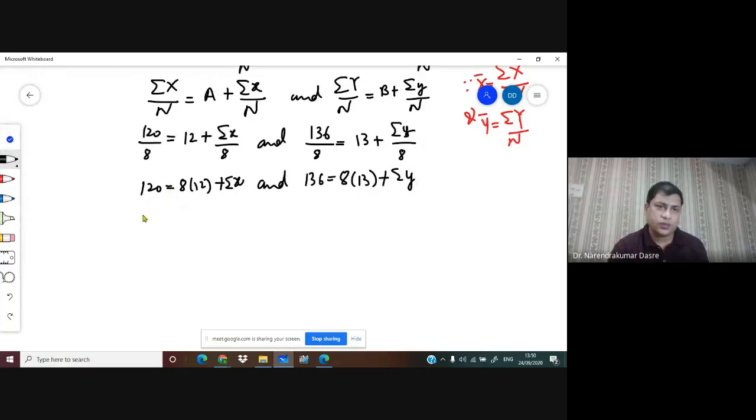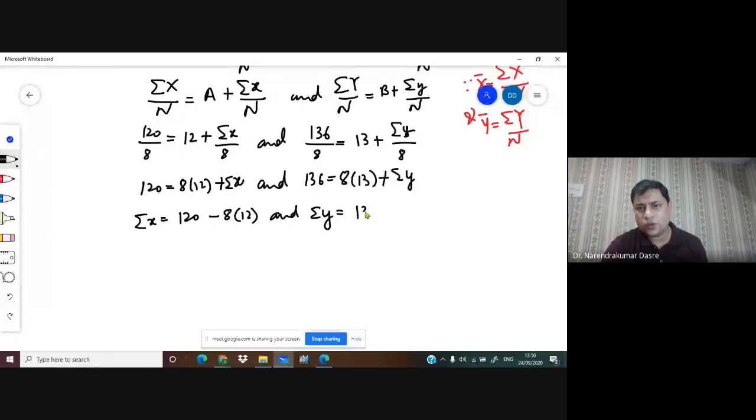So tell me what you'll have. Summation x is equal to 120 minus 8 into 12, and summation y is equal to 136 minus 8 into 13. So please tell me the value. What is the summation x and what is the summation y?